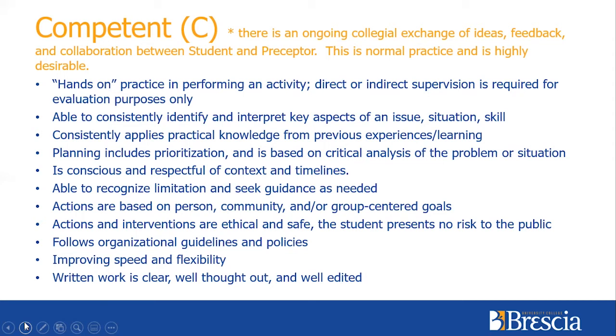They're able to recognize their own limitations and seek guidance as needed. The student's actions are based on person, community, and/or group-centered goals, and their actions and interventions are ethical and safe. The student presents no risk to the public. They follow organizational guidelines and policies, and they are improving in their speed and flexibility. Their written work is clear, well thought out, and well edited.